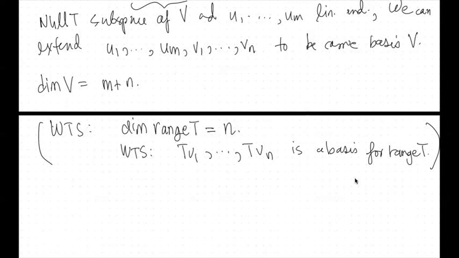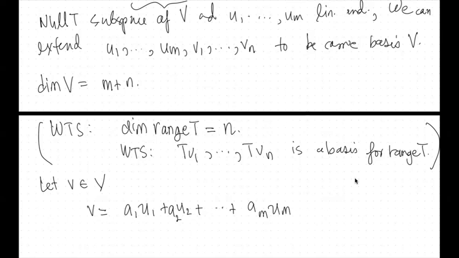Okay. So let V be an element of the vector space V. Then we can write V as a linear combination of the basis: A1 U1 plus up to AM UM plus B1 V1 plus up to BN VN.